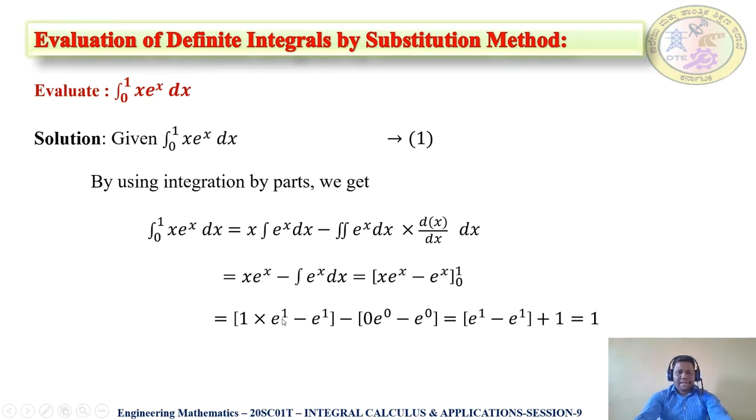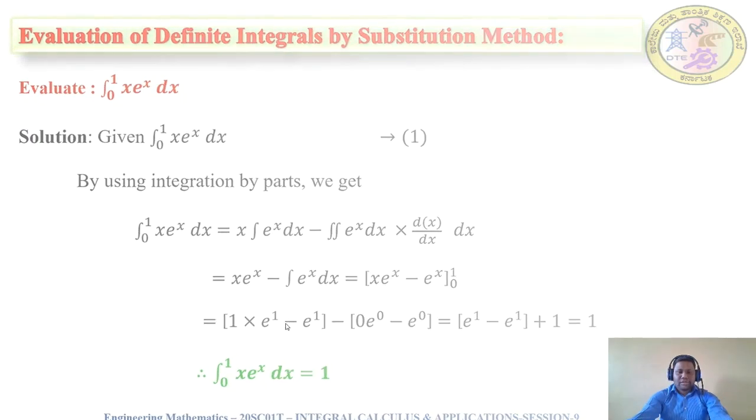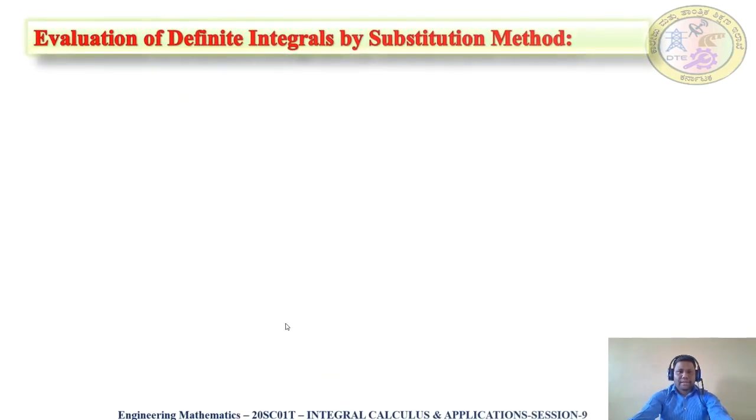If you simplify, e power 1 into 1 is e power 1 minus e power 1, this is 0, and e power 0 is 1, and minus of minus is plus. So these two cancel, and we get the answer 1. Therefore, the final answer is the integral from 0 to 1 of x into e power x dx is equal to 1.